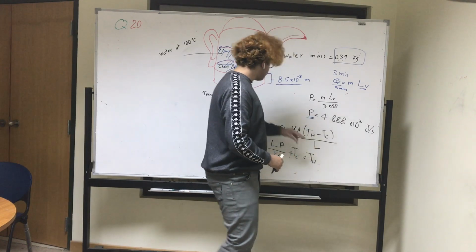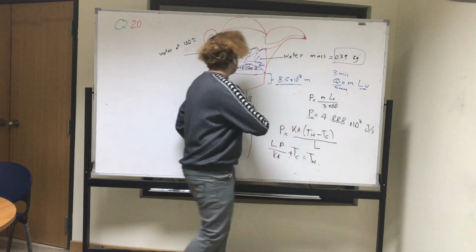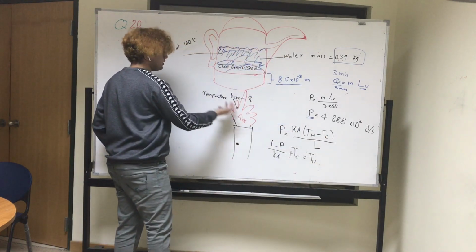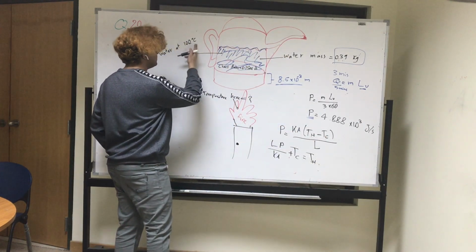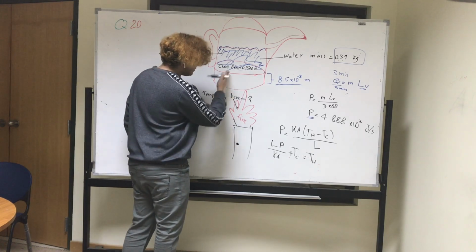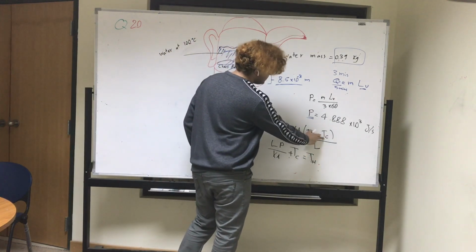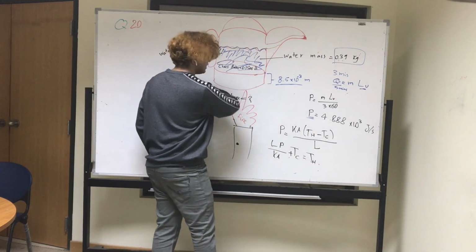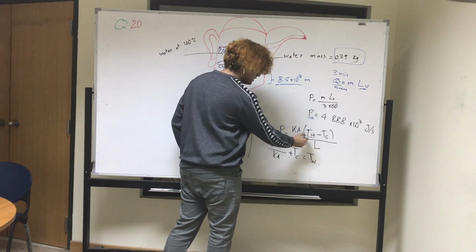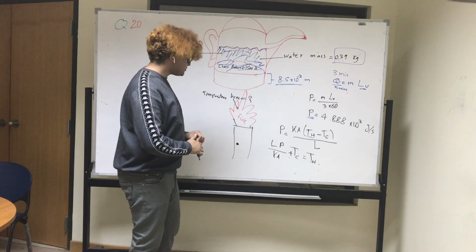We know the temperature of the cold object. The water is relatively cold: 100 degrees Celsius seems hot to us as humans, but relatively it's colder than the fire. So here the temperature of the cold object is 100 degrees Celsius, and the temperature of the hot object is the quantity we're trying to solve for.